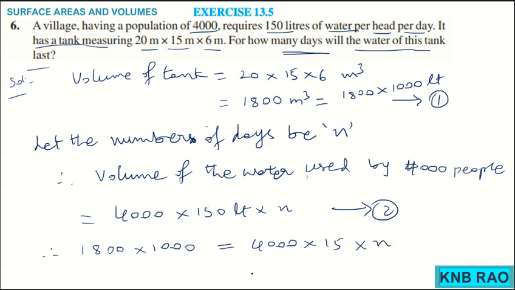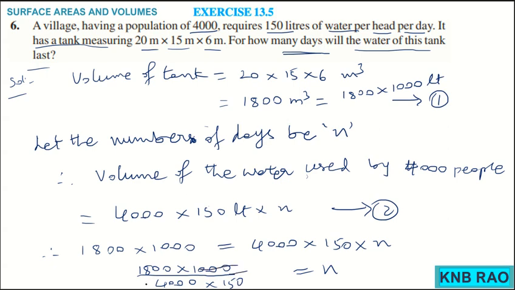Now if I want to find out n, I will transpose 4000 into 150 this side. So 1800 into 1000 upon 4000 into 150.